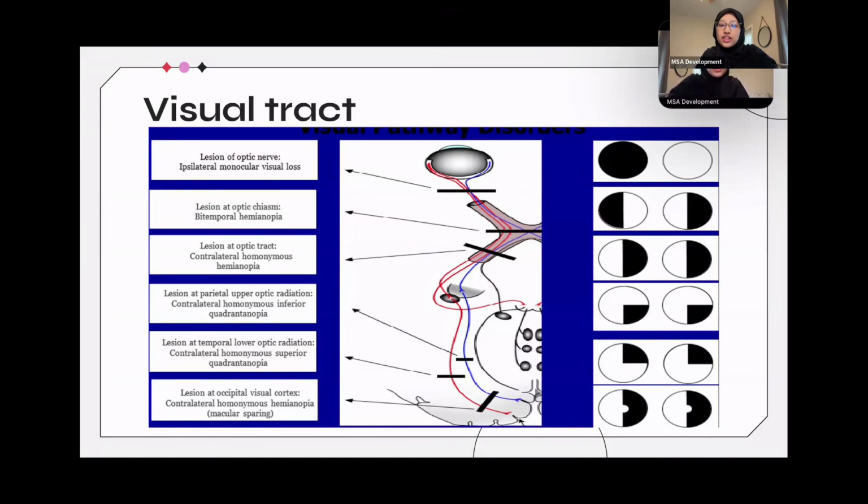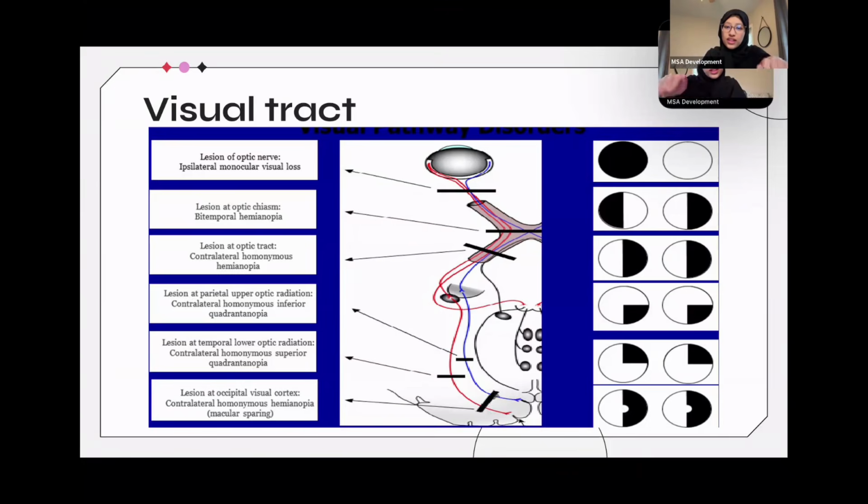And then if the lesion is at the end where the two nerves are, near the occipital lobe, you will have macular sparing because the macula, the center of vision, is spared because the macula is supplied by both sides. So both sides of the occipital should supply the center, okay?